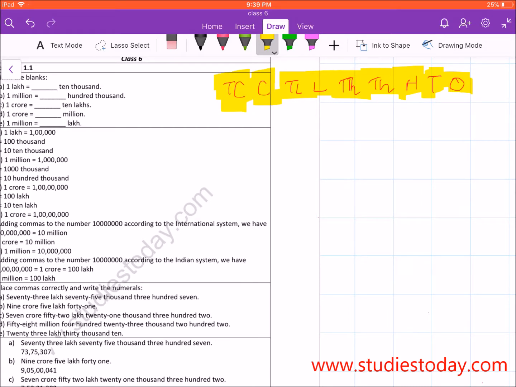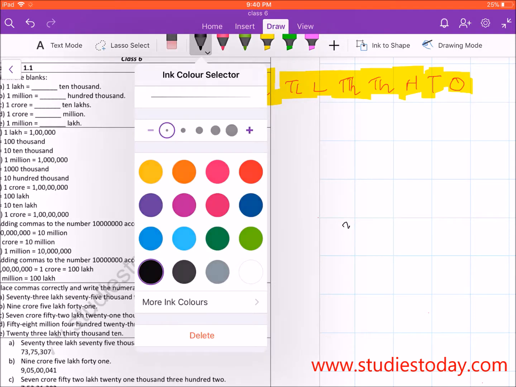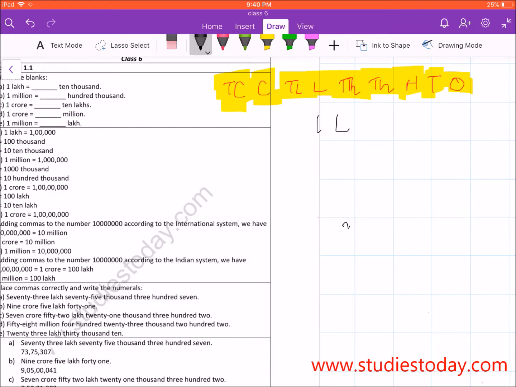This is the system which we have studied. Now, you must observe that we are trying to establish a combination between 1 lakh and 10,000. There are several methods to do the same.